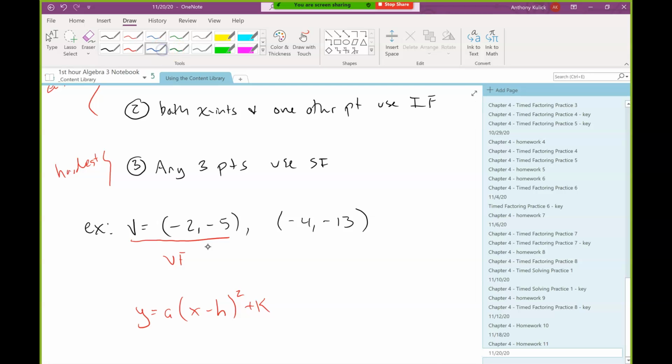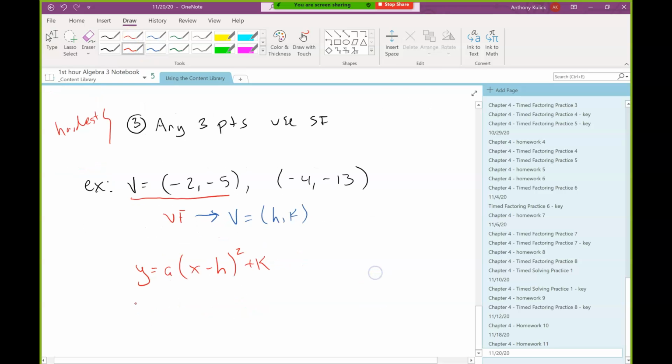And the reason that is because we know in vertex form, the vertex is h comma k. So I can immediately plug those values in. So all I'm really left to do is figure out what A has to be. Right? Once I know A, I have my quadratic function.